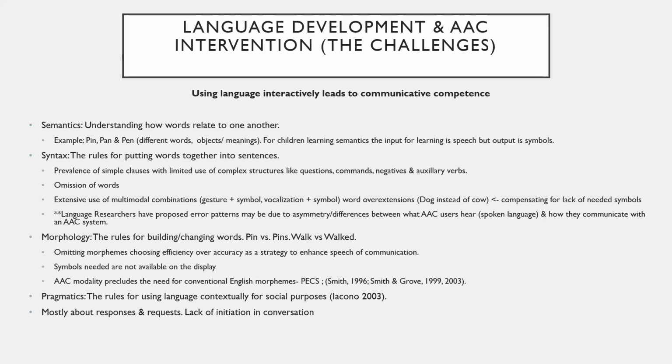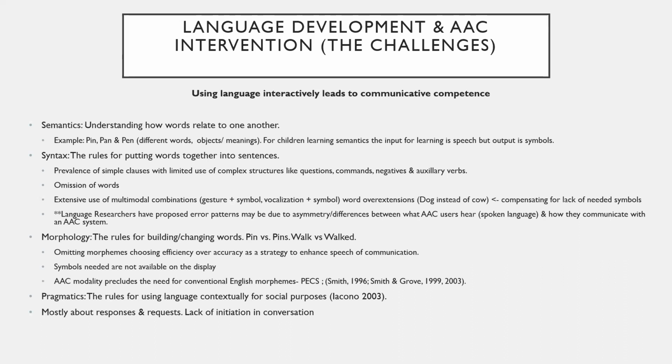So omitting morphemes and choosing efficiency over accuracy is a strategy that enhances the rate of speech for communication. Oftentimes we see again that the symbols they need are just not readily available on the display, or that the AAC modality precludes the need for these conventional morphemes.